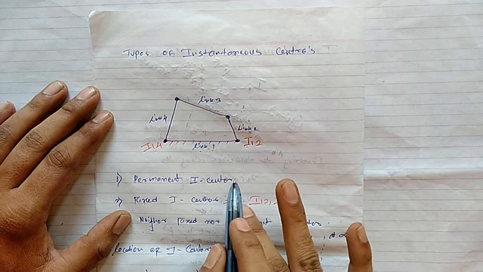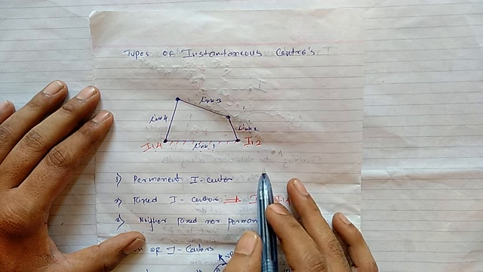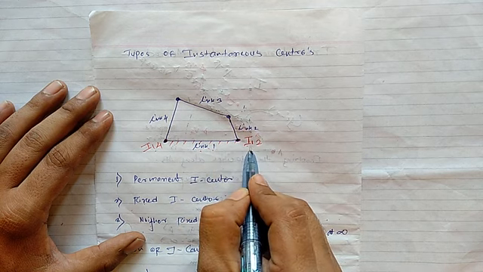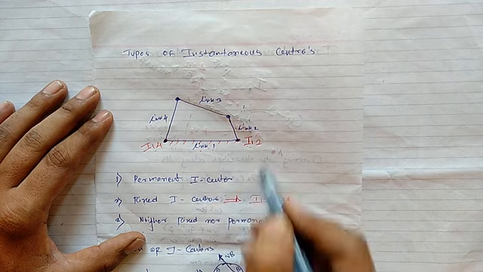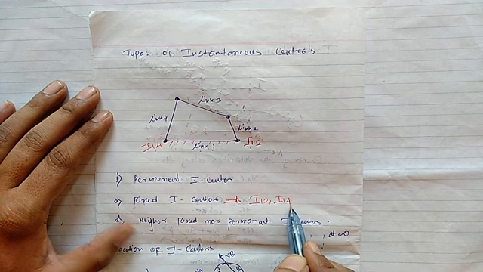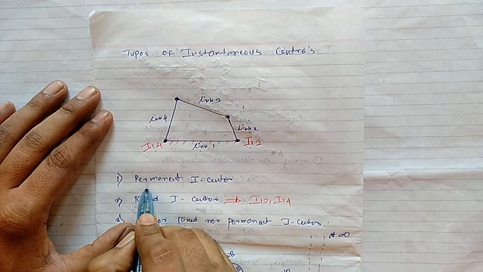They cannot move to any position or in any direction. Understood? So these are fixed. That is why we call them fixed instantaneous centers I 1 2 and I 1 4.